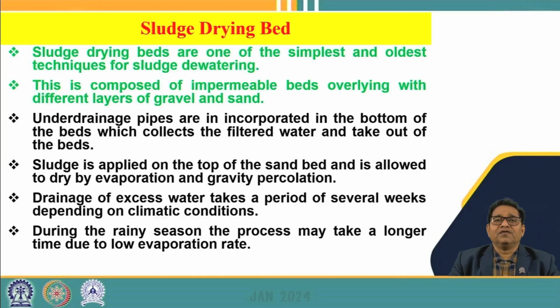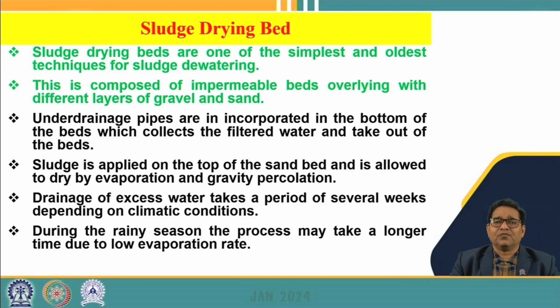So here, if we see what is basically this sludge drying bed. This is one of the simplest and oldest techniques which are used for dewatering of the sludge. It is composed of impermeable beds overlaid with different layers of filter media made of gravel and sand, above which the sludge is applied, and below this the underdrainage systems are provided.